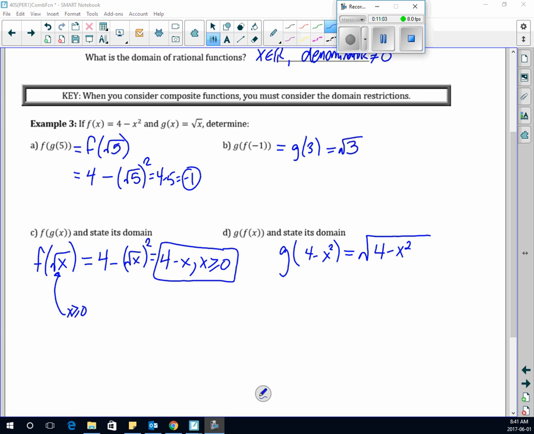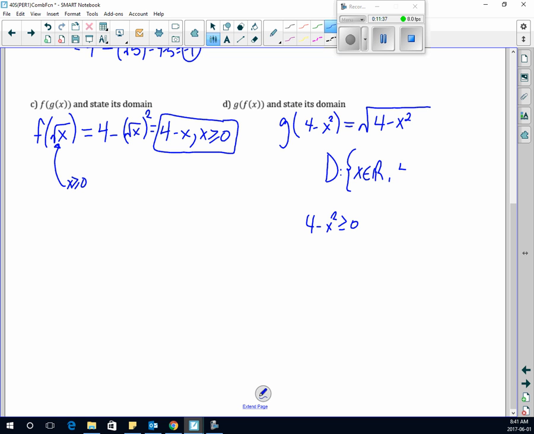Because there was no restriction going in here, the only restriction that comes back out is my final restriction, which is what? What would my domain be? Of course, x would be an element of reals, but the radicand has to be greater than or equal to 0. So we're not going to actually say 4 minus x squared is greater than or equal to 0. We actually have to solve this, right?